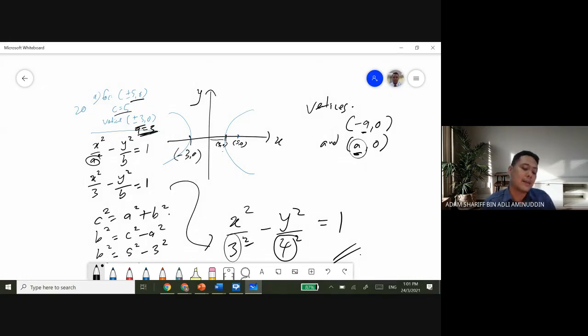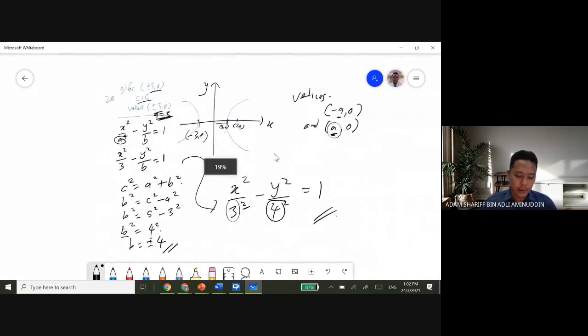Ini adalah nilai A tersebut, 3. Alright. This question is quite direct. Ingat, sentiasa ingat. Always try to draft the idea first. And based on my draft of the plot of 30 and 50, I know that this is equals to 1. And the origin is 0, 0. Boleh tahu direct kat sini.